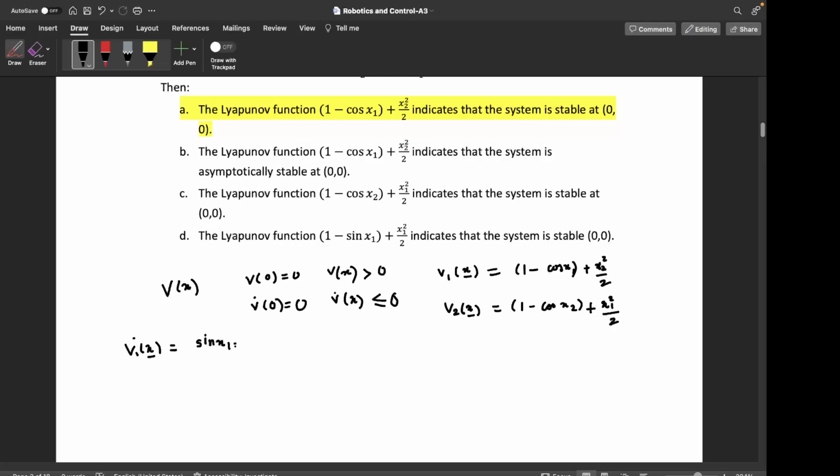So sine x1, and plus x2, the 2 and 2 will cancel out into x2 dot. I missed a term here.